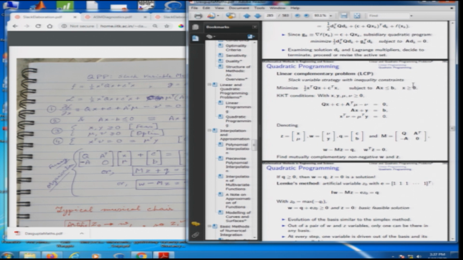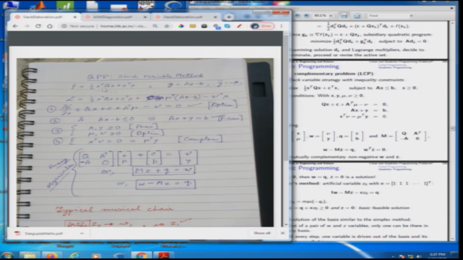So, if you write this in this manner, then you can directly see the objective function is this. One set of constraints is g less than or equal to 0, that is A x minus b less than or equal to 0, and the other set of constraints is g bar, that is minus x less than or equal to 0, that is here.